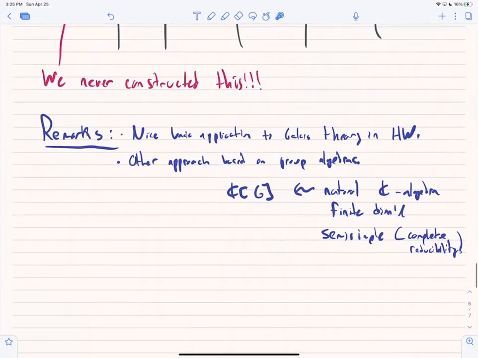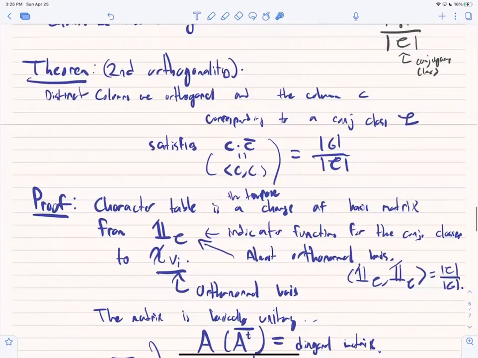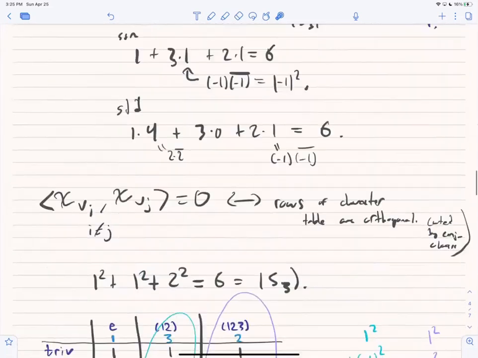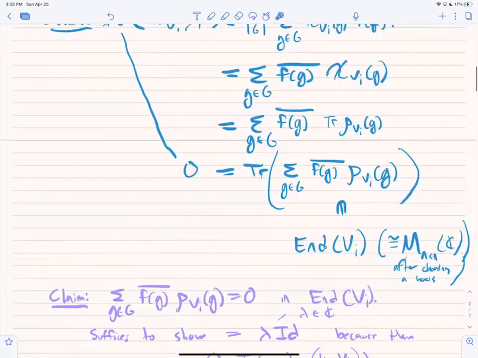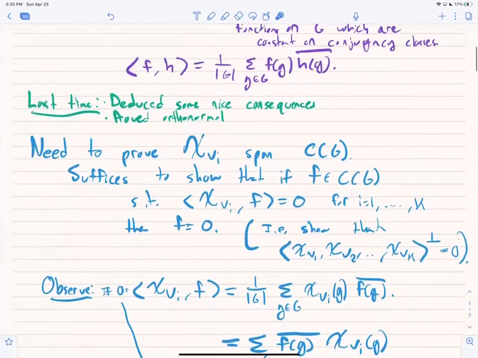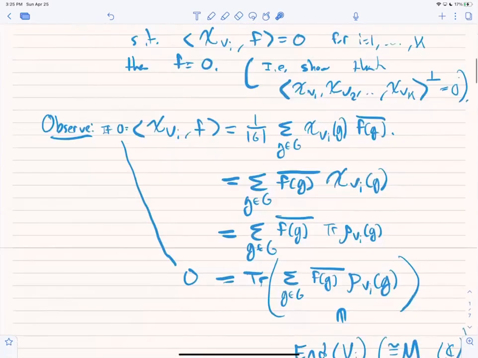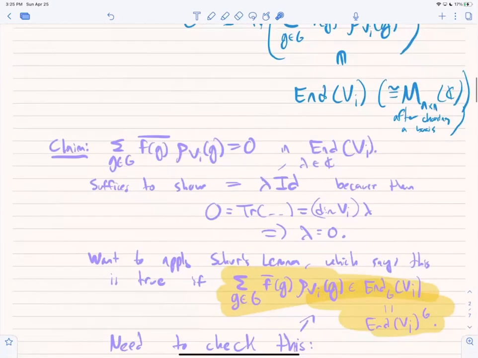They're related through this kind of construction we did at the start of class today, where we looked at this element that was acting by an endomorphism on every irreducible representation, but really was acting on every representation.